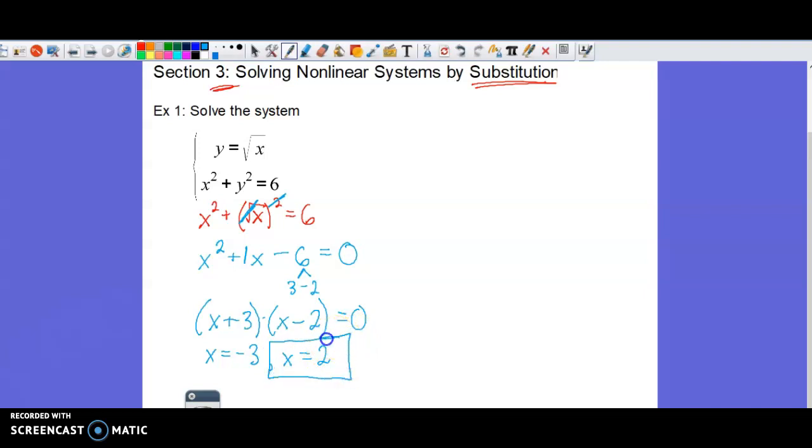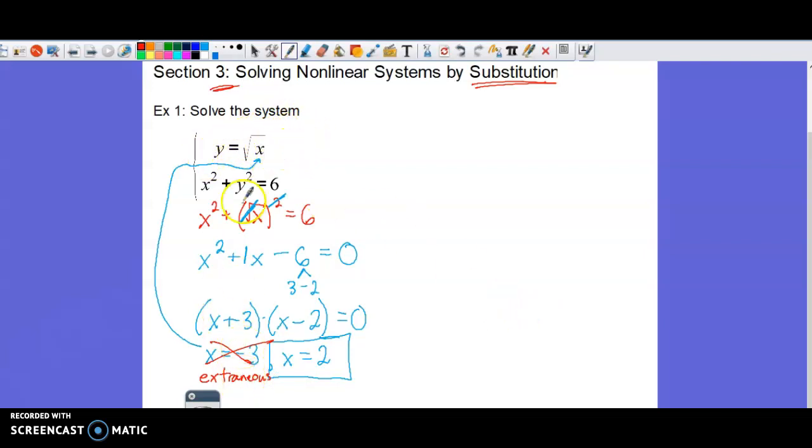Don't just turn into a robot and stop right there. If I went back to the original problem and plugged in -3 for x, we cannot take the square root of -3. So we're back to an extraneous solution. Now you might be sitting there and saying, well, what if I asked you to put imaginary numbers on here?